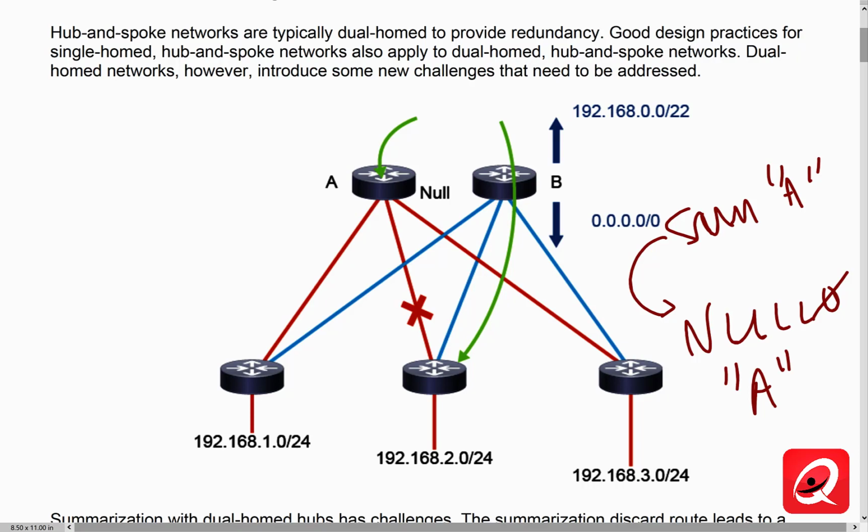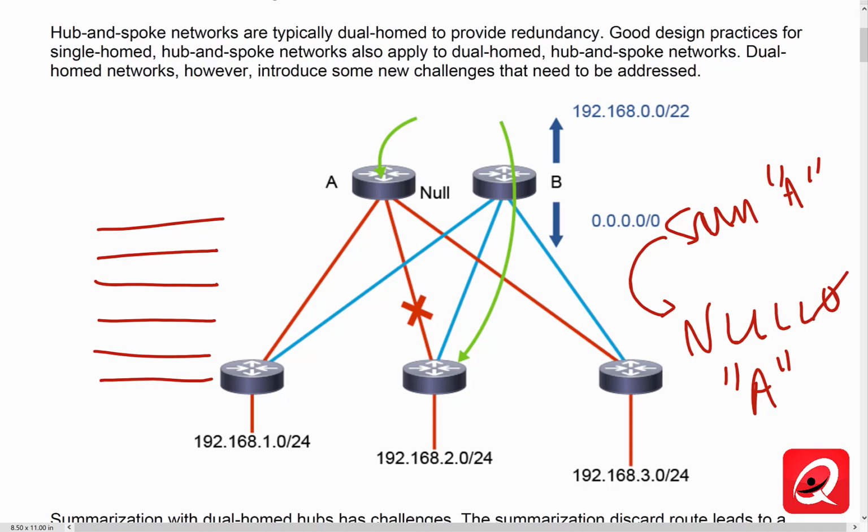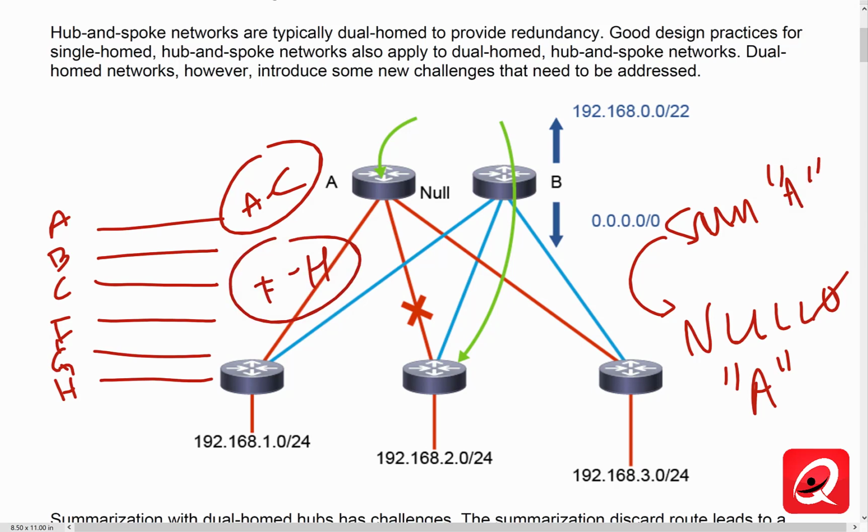Say you're summarizing, I don't know, 6 or 7 routes, A, B, C, F, G, H. I'm not writing numbers, but you get the idea. There are some gaps in between, so they're not completely contiguous, but relatively contiguous. We've got A through C, and then F through H. But D and E, which are included in the summary, don't actually exist on the router.